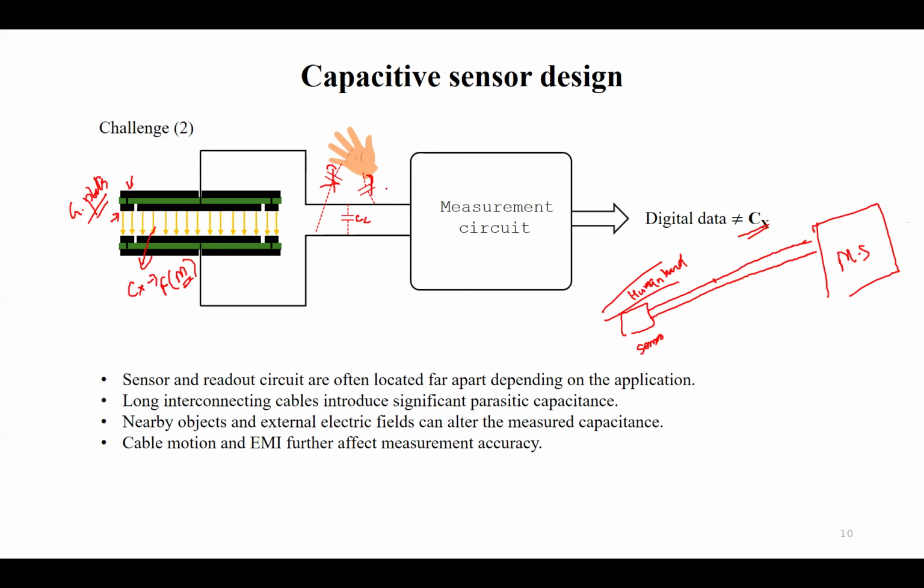It will be a function of these values, for example, C1, CC, C2, etc. So the capacitance changes and it will affect its repeatability, its accuracy, and so on. So what to do? How to overcome this?